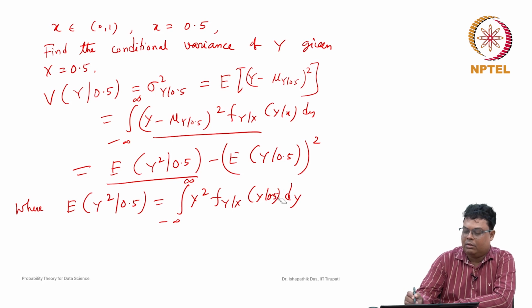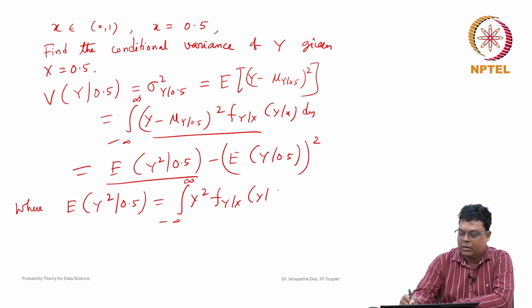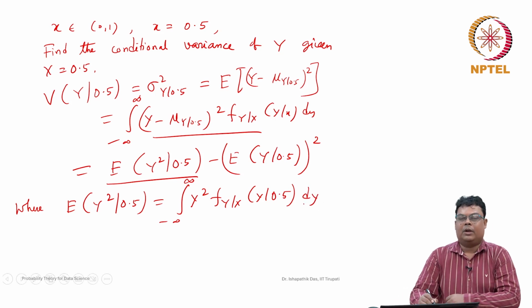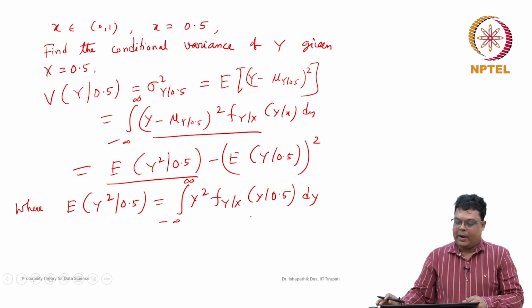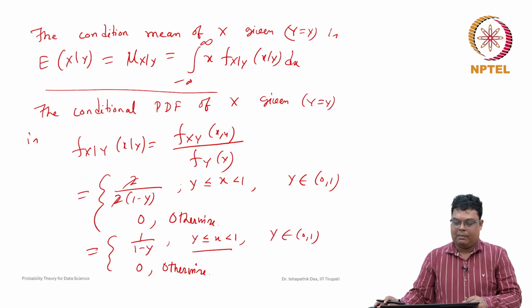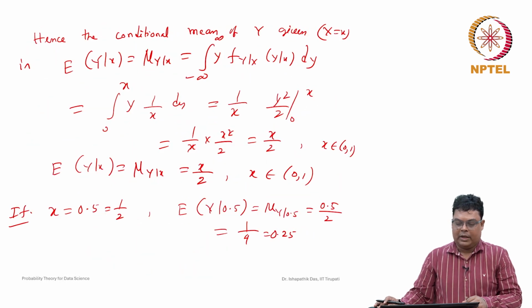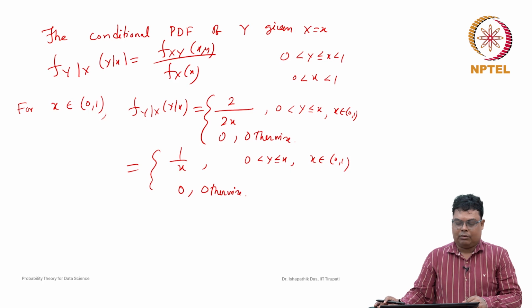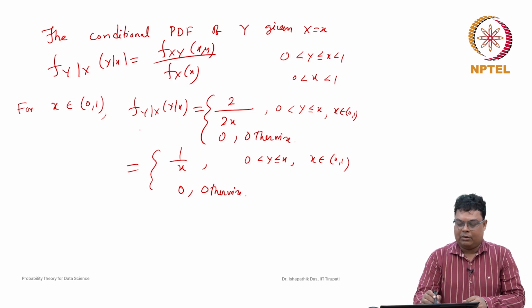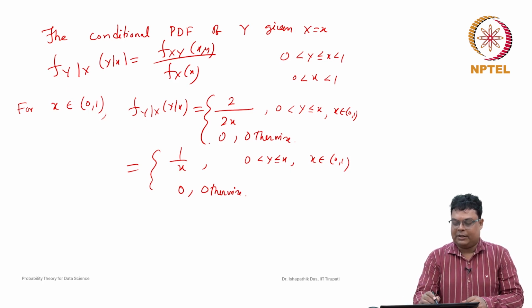Now, where will we get this f of y given x, y given 0.5? This is the probability density function of y given x.